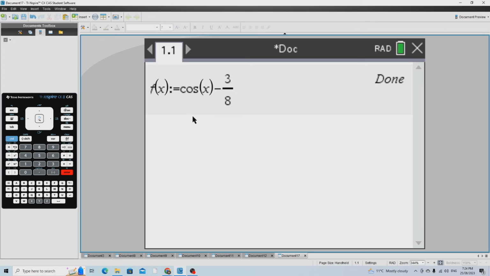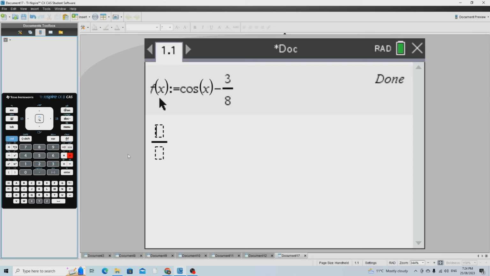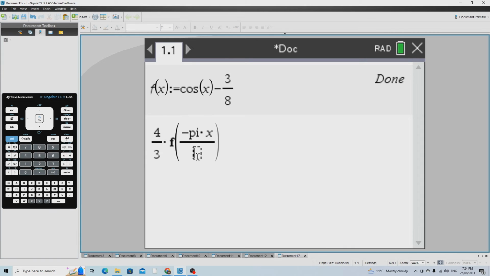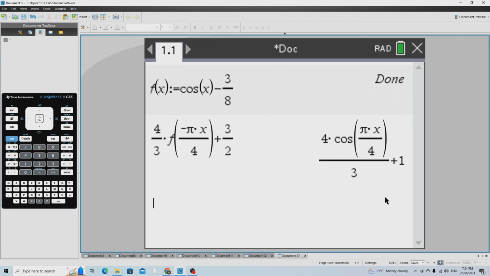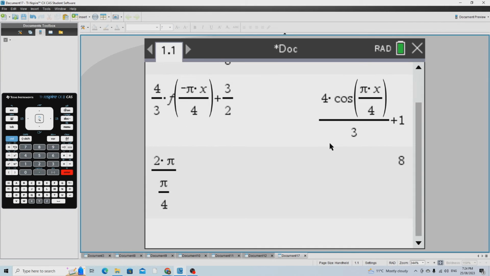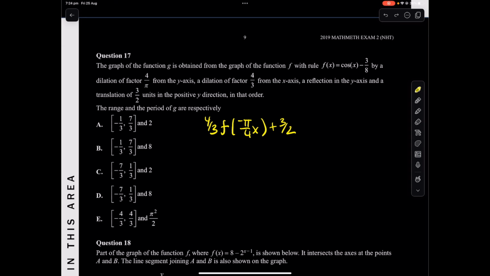And we're trying to do 4 over 3 times f of negative pi times x over 4 plus 3 over 2. And we get this. So your period is 2 pi over pi over 4, which is 8. So this is your period.